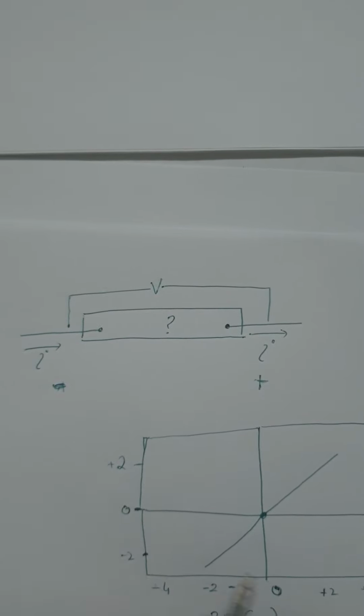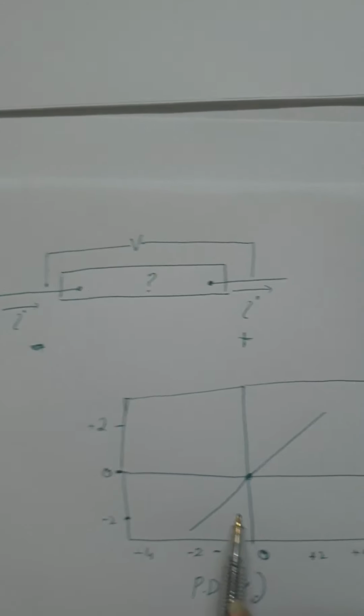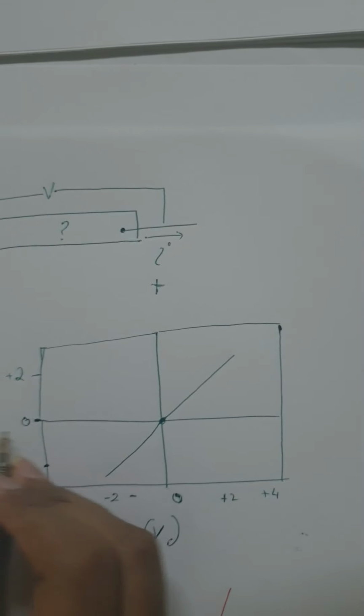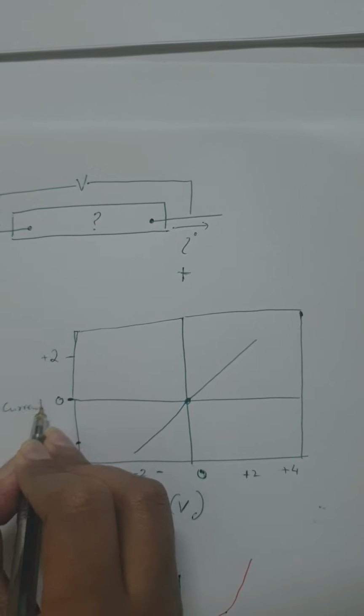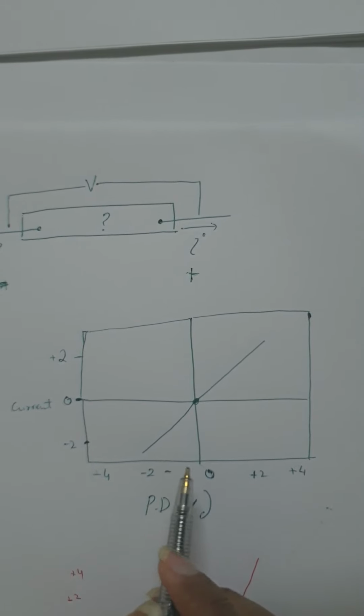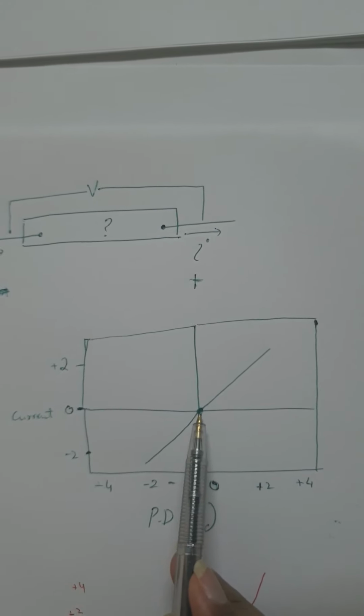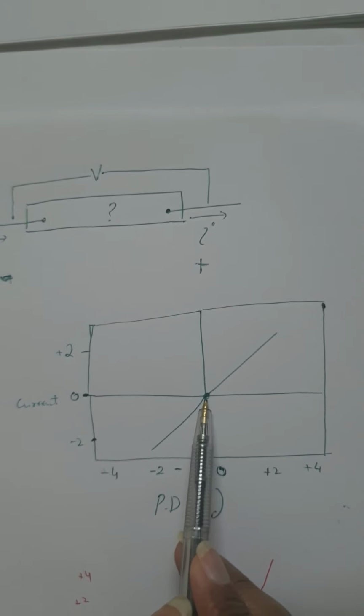So here is a plot of I versus V for such a type of device. This plot is a straight line passing through the origin.